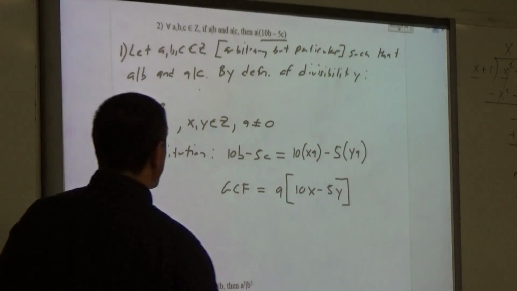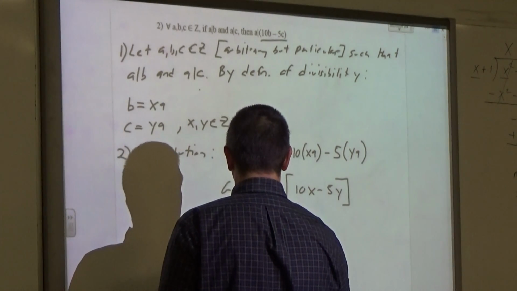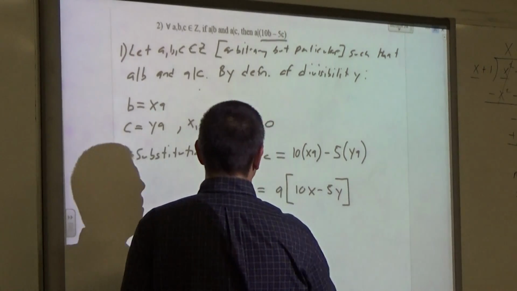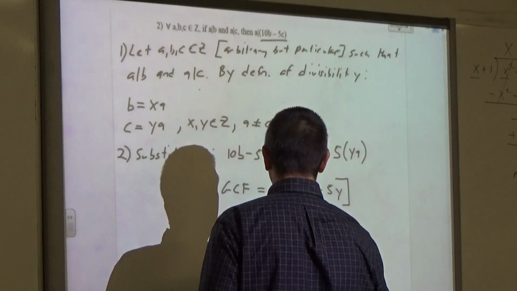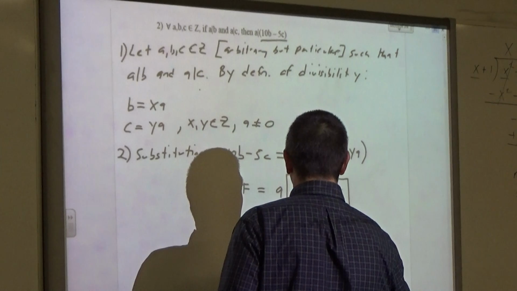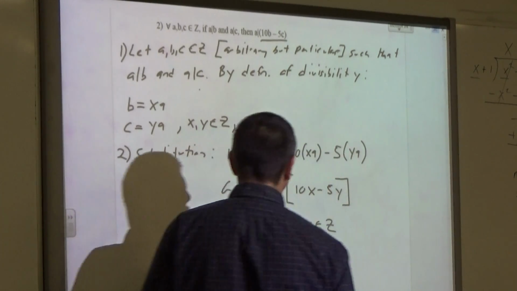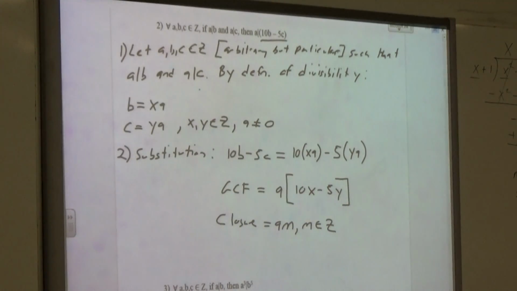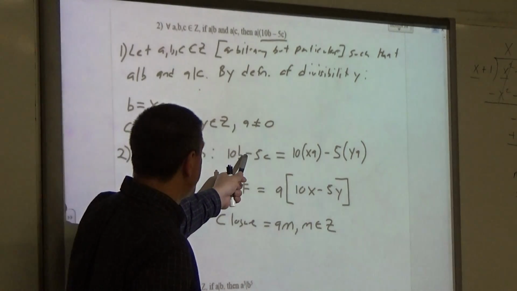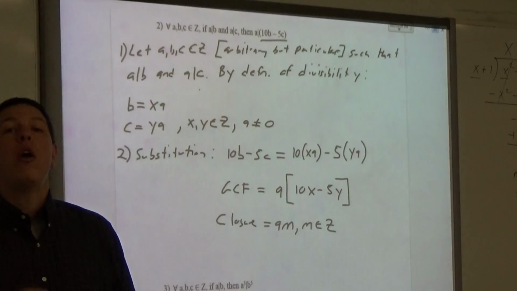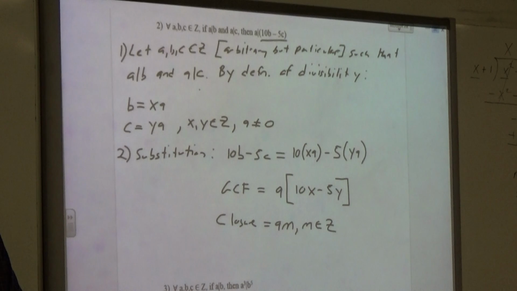Sure, why not? So by closure, we can say that this is going to be equal to A times m, where m is an integer. And check that out, guys. We have shown that 10b minus 5c is equal to am, which is the very definition of divisibility because it contains a factor of A. I'm so excited about it. Even though I've already done this for like 12 years, it's still exciting.